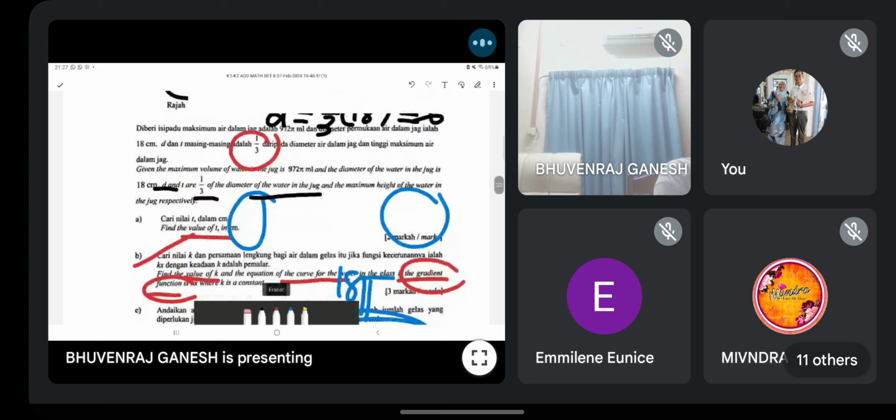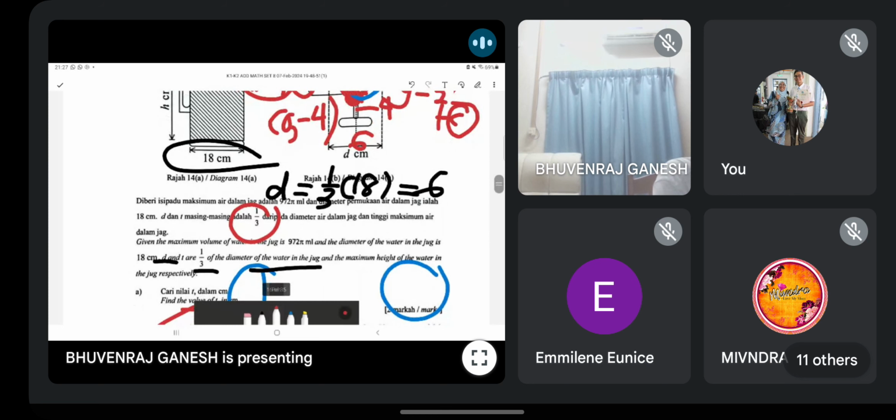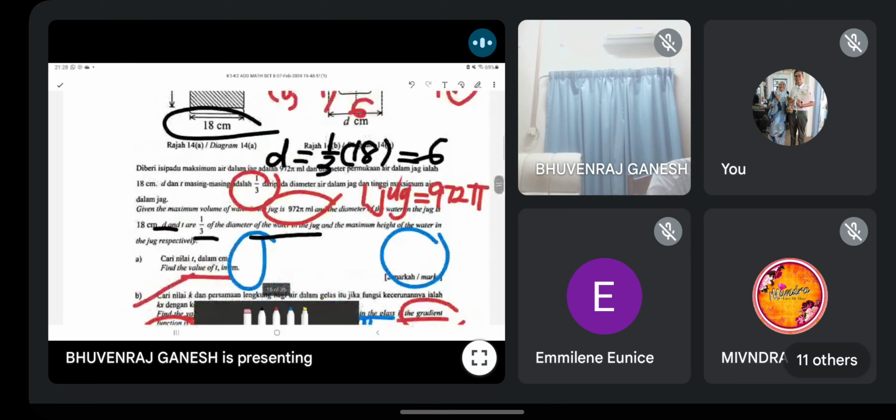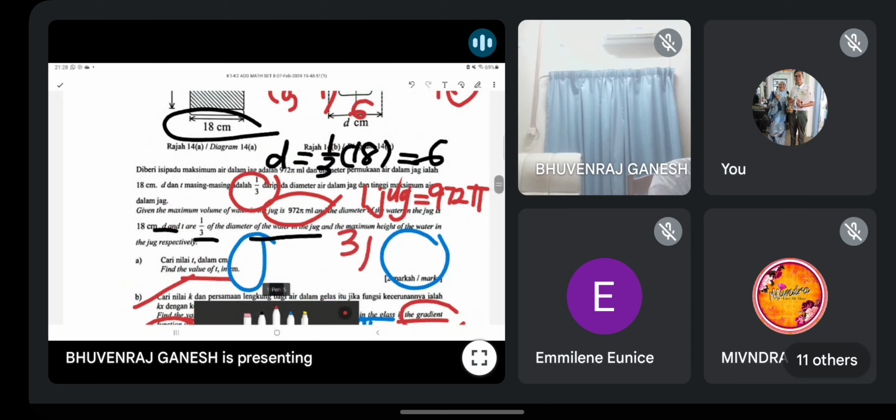Okay, I get it. So over on the top here, mereka bagi tahu 1 jug 972. The question say kamu sekarang ada 3 jug. Okay, 3 jug. So you must find the volume lah. 3 jug, you times, you will get 2916 pi.